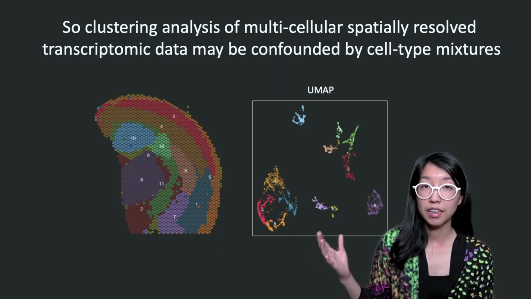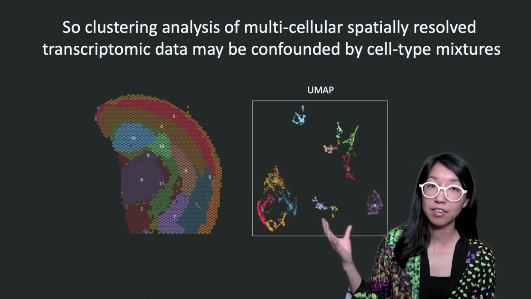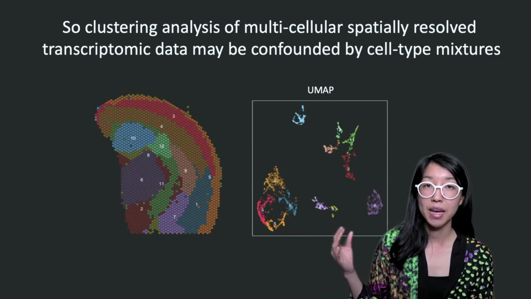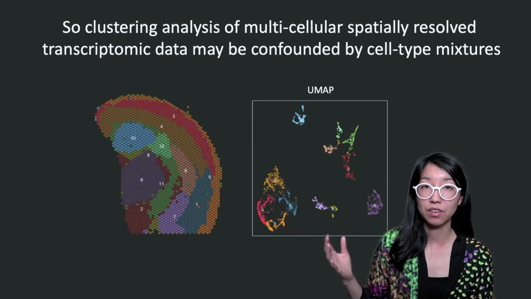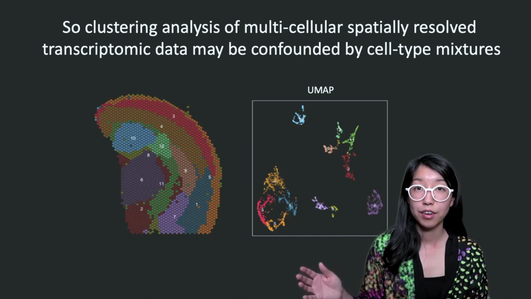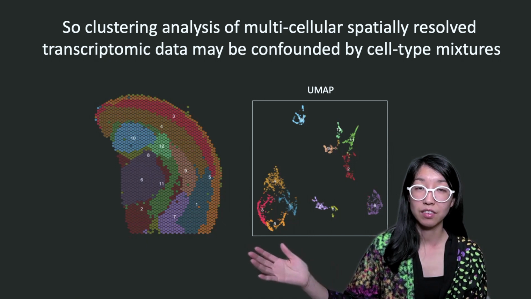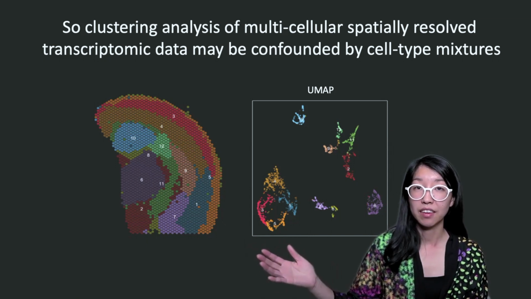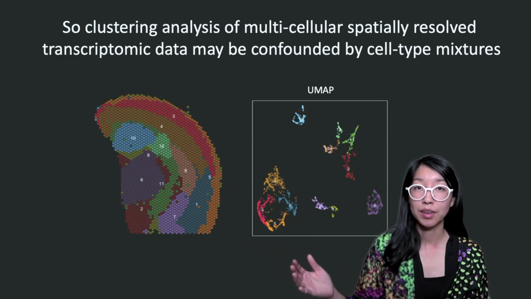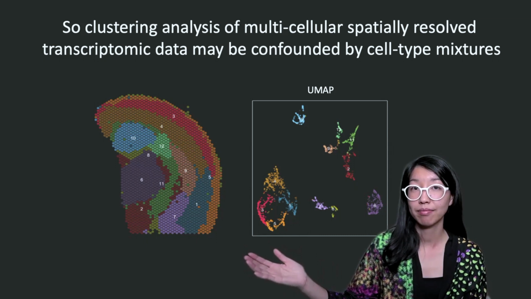And subsequently, the transcriptionally similar groups of pixels or clusters we identify through our clustering analysis may actually comprise mixtures of cell types rather than one true underlying cell type. And further, the spatial patterns we observe from these transcriptional clusters may also be confounded by cell type mixtures and subsequently hide potentially finer cell type specific spatial organizational patterns.